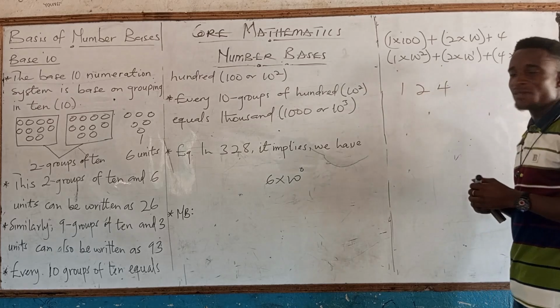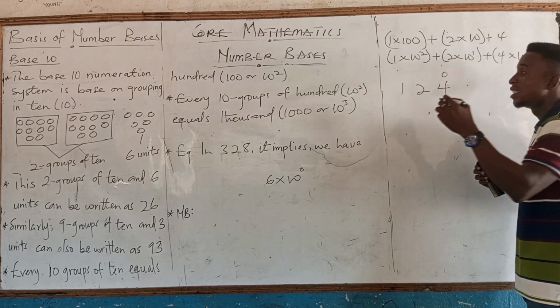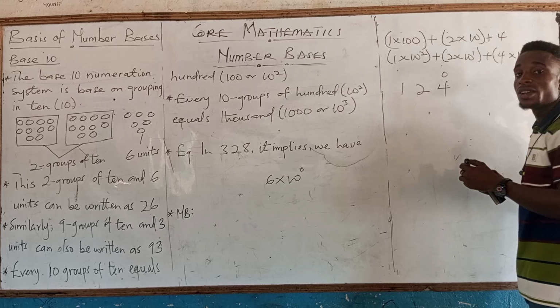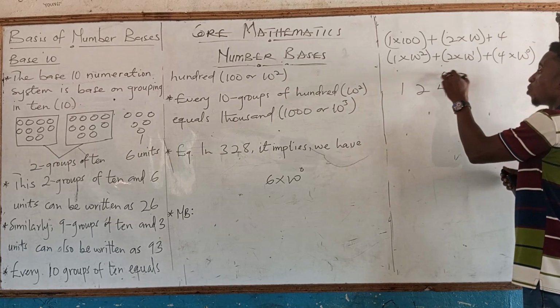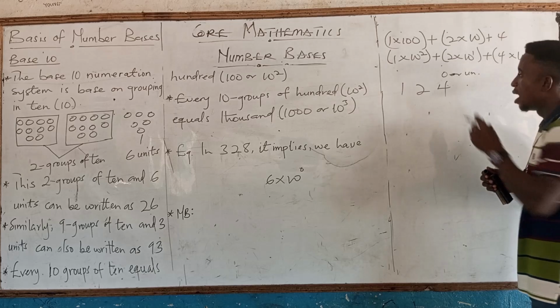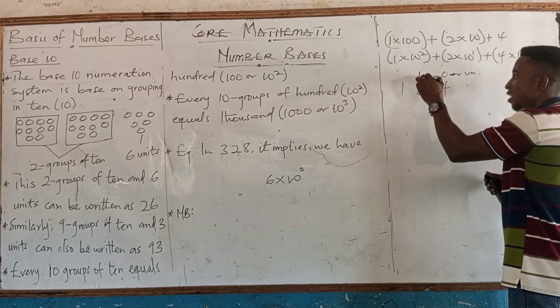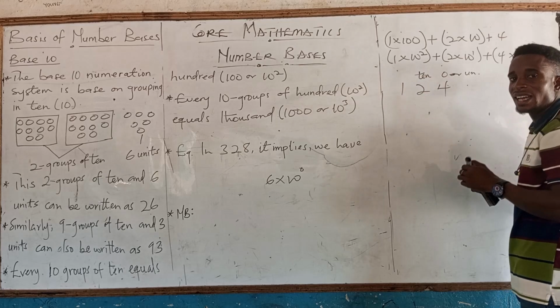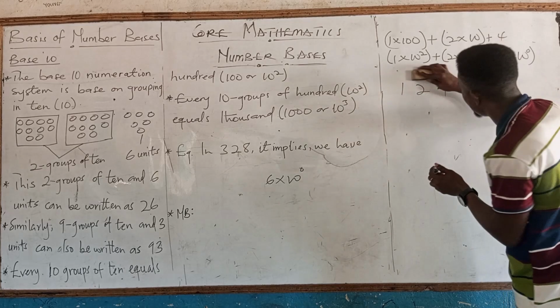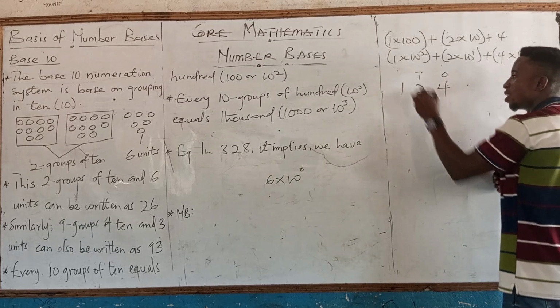We ask ourselves, what is the place of this 4? And we say 1. And we know ones is the same as units. Right? So ones, or unit, for this one. And we say this one too, we are in tens. Are we getting that? So let me write it. We write ones, and here is tens.